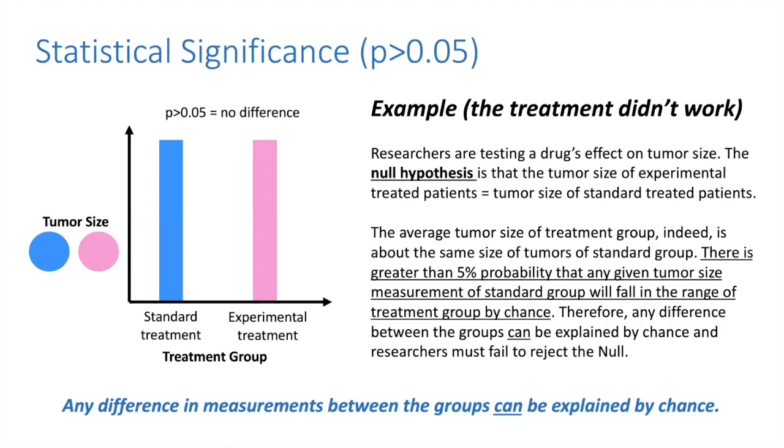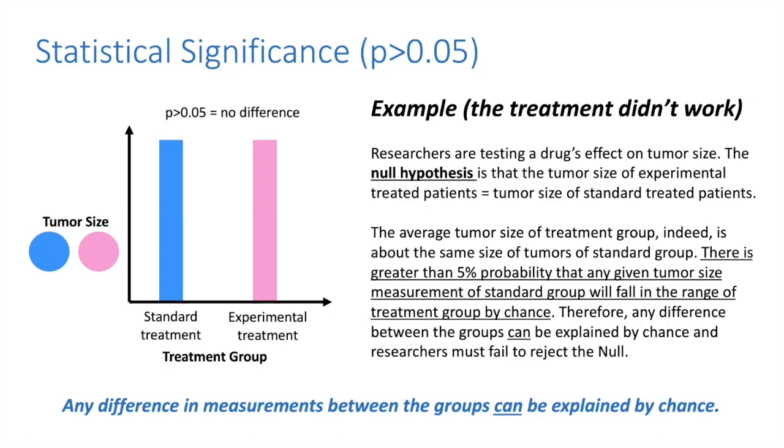On the flip side, we have an example of an experiment that is not statistically significant, with a p-value of greater than 0.05, and there is no difference between the groups. In this example, the treatment did not work. The researchers are testing a drug's effect on tumor size. The null hypothesis, again, is that the tumor size of the experimental treated patients equals the tumor size of the standard treated patients. The average tumor size of the treatment group indeed is about the same size as the tumors of the standard group.